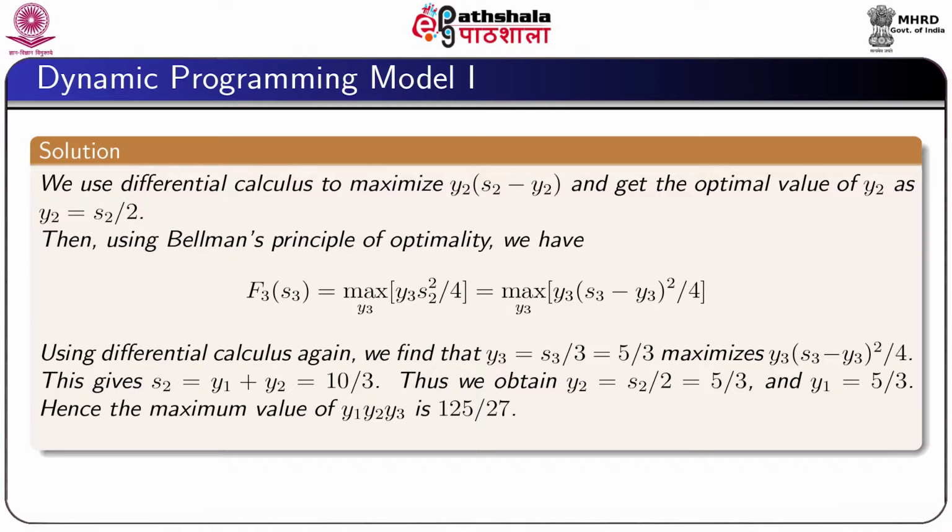Thus, we obtain y2 equal to s2 by 2, which is equal to 5 by 3, and y1 equal to 5 by 3. Hence, we find the maximum value of y1 y2 y3. Putting the values of y1, y2, y3, we get it as 125 by 27.